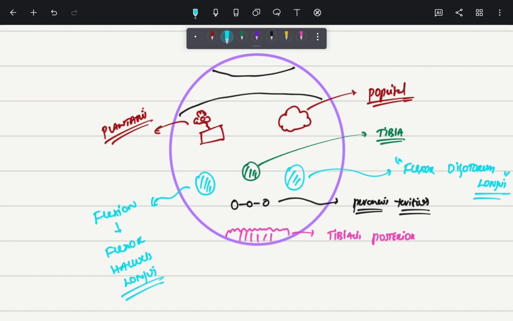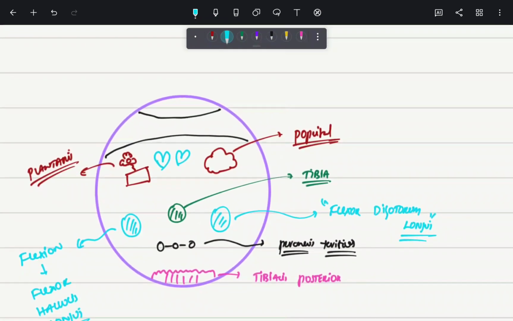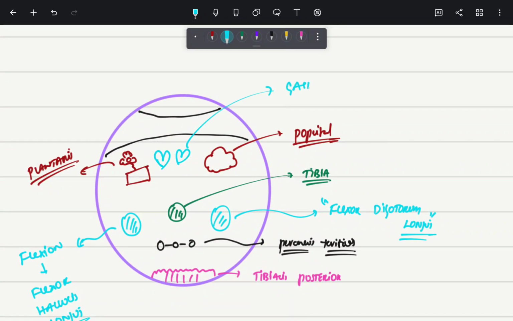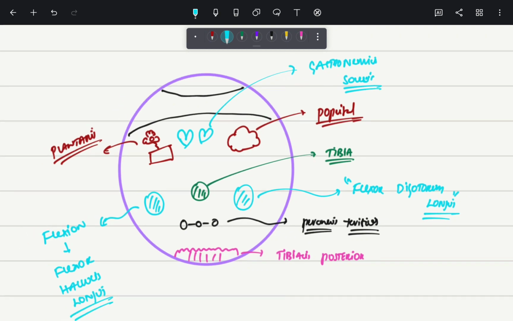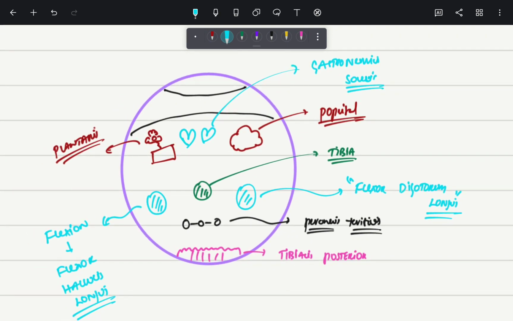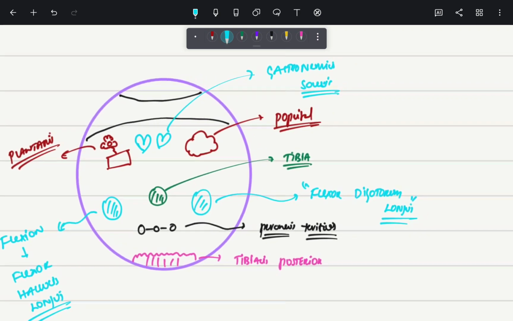Now the most important things here are your gastrocnemius and the soleus muscles. So these are the muscles which are present in the posterior compartment. There are mainly four extra muscles here, which are your popliteal, plantaris, gastrocnemius and soleus. Aside from that, everything is similar to the muscles of the anterior compartment.